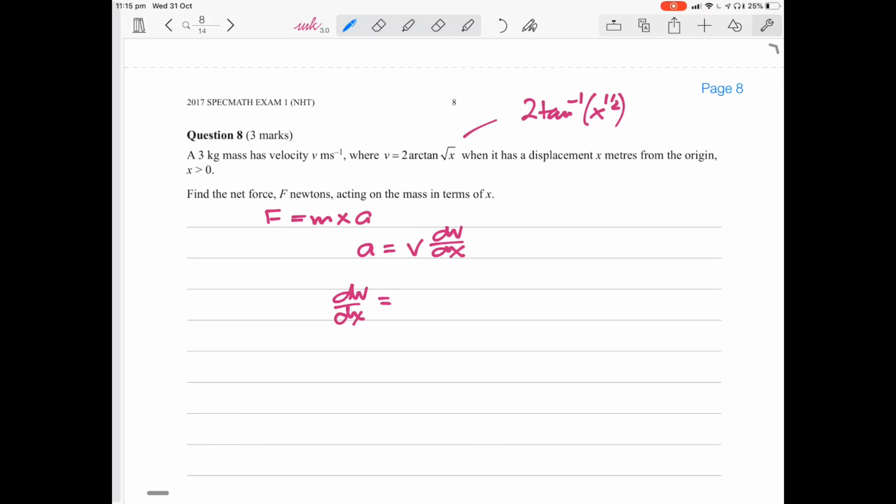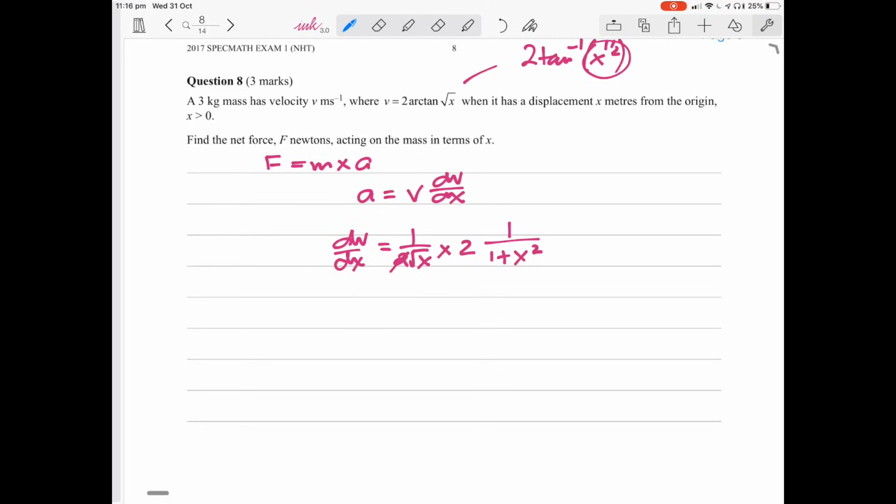If I differentiate that, so I get 1 on 2 root x, that's the derivative of that out the front, times 2, and then the derivative of tan inverse x is 1 on 1 plus x squared.